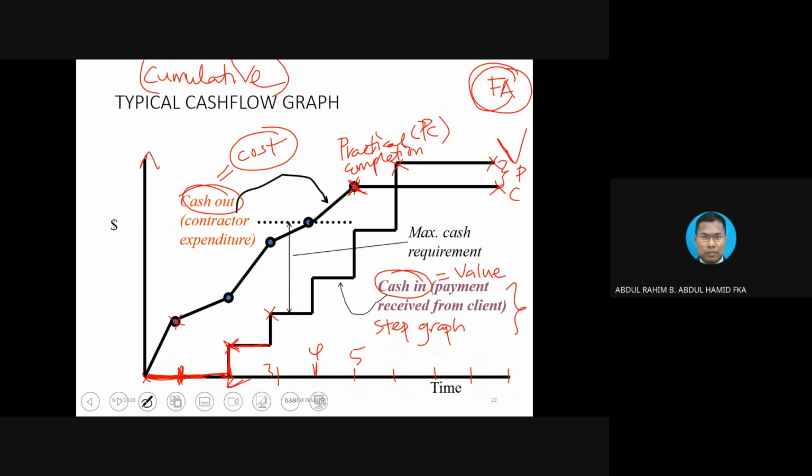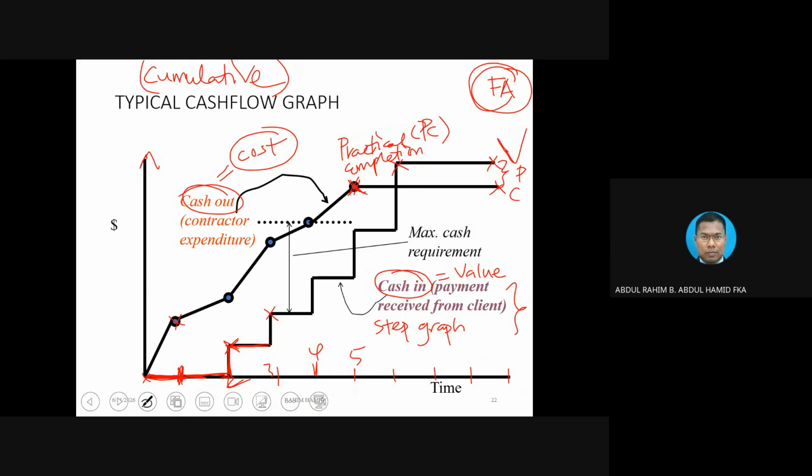There is a value amount, and then there is a cost. The difference should be equivalent to profit. We already know it at the beginning of the project, but in the accounting system we spread it according to the monthly, so you can do that, okay?